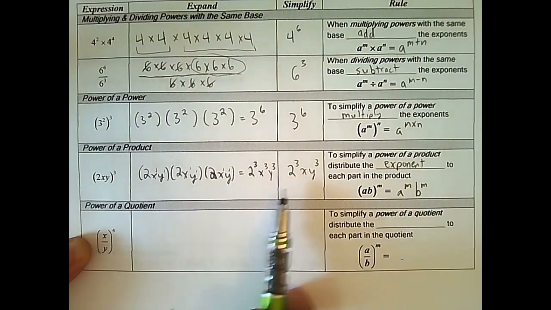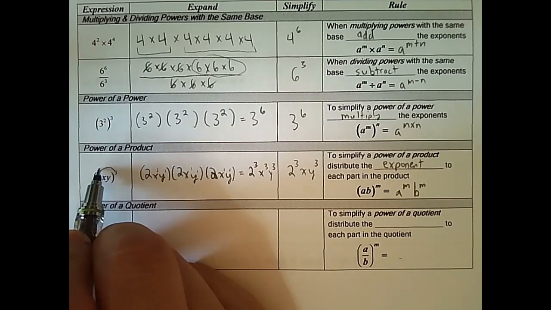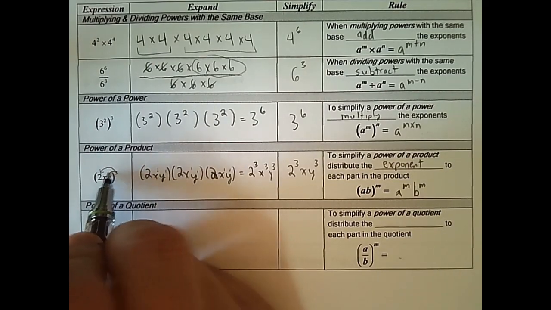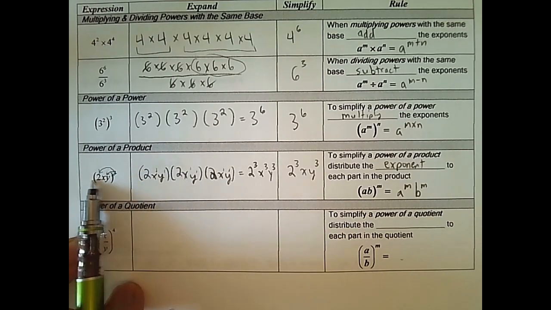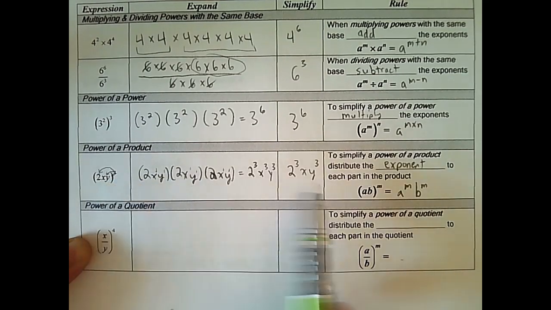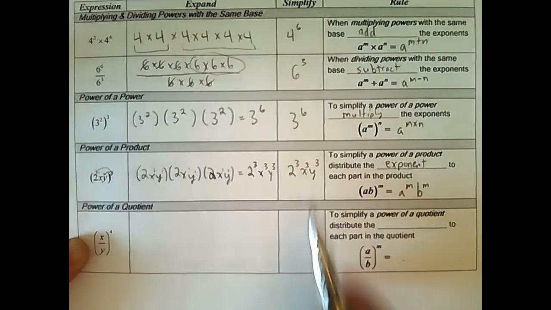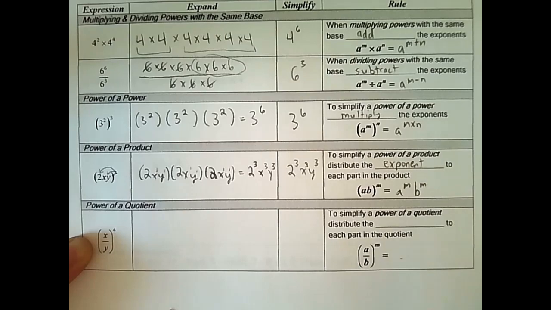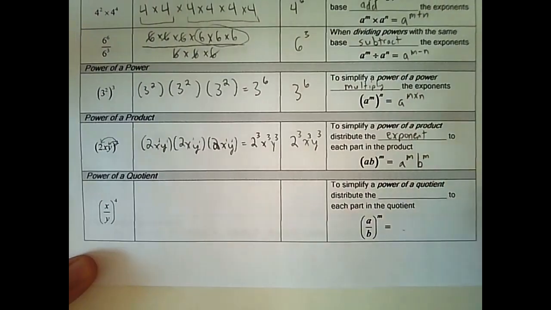Just like over here, I'm getting my exponent and applying it to the first part, second part, and the third part. So I get 2 to the power of 3, x to the power of 3, and then y to the power of 3.